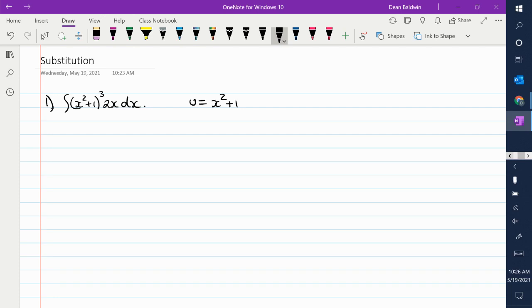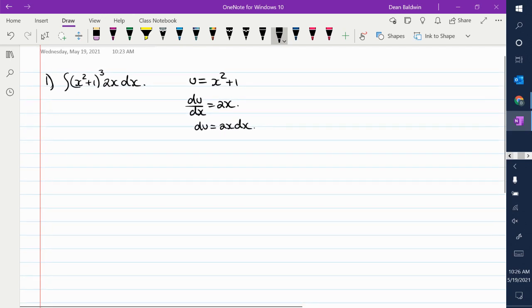Then we're going to take the derivative. And so we go, okay, du dx is equal to 2x. The whole point here is to get rid of all the x's over here. So I'm going to multiply the dx up and get du is equal to 2x dx. Because we want to make a new integral in terms of u. So now you can see that this is right there.